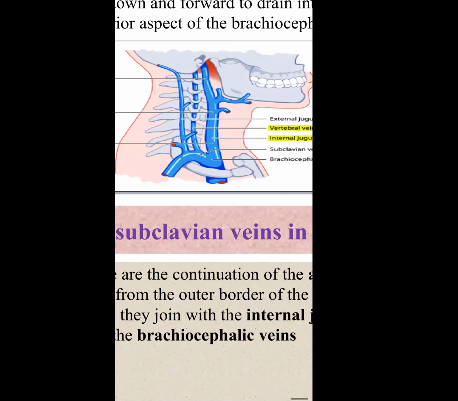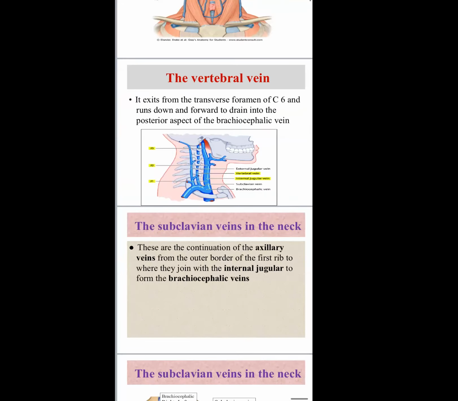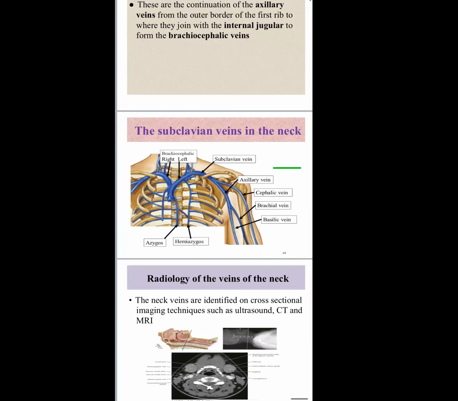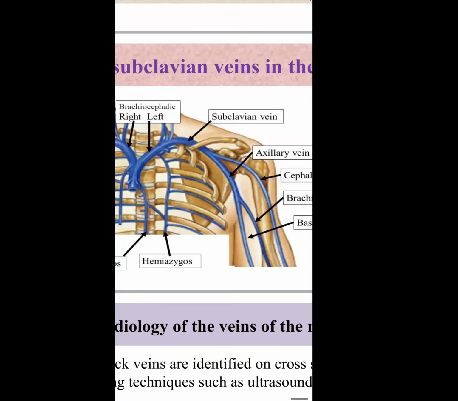The subclavian vein. The subclavian vein is the continuation of the axillary vein from the outer border of the first rib to where they join the internal jugular and form the brachiocephalic vein. هذه الصورة توضح ال axillary vein continuation راح يصير عندنا subclavian vein.